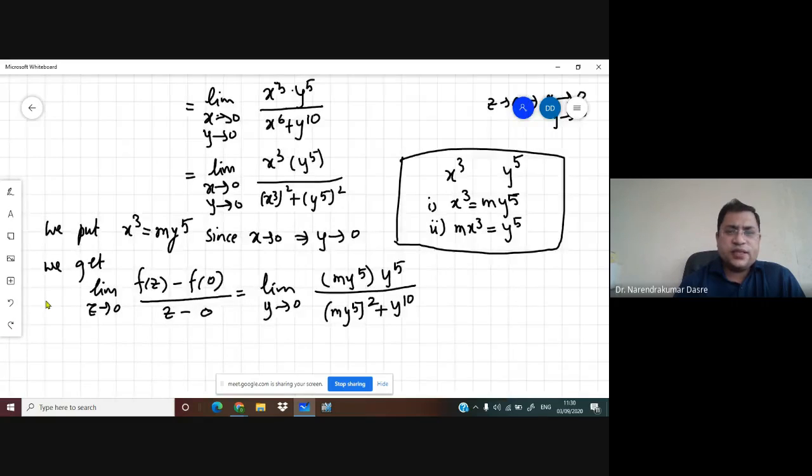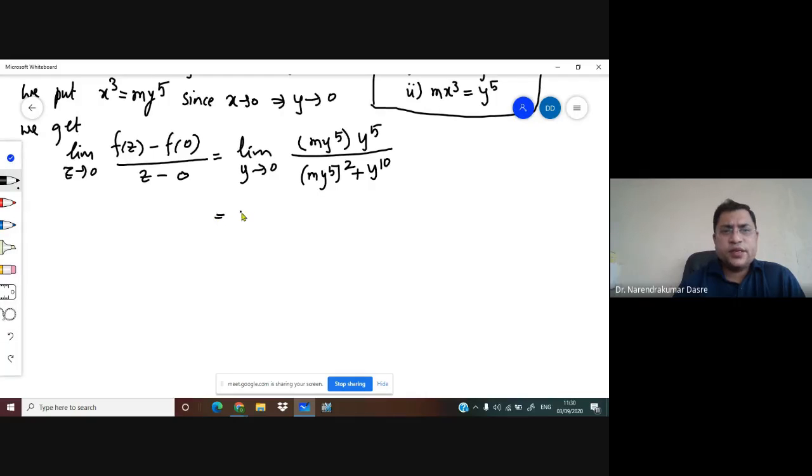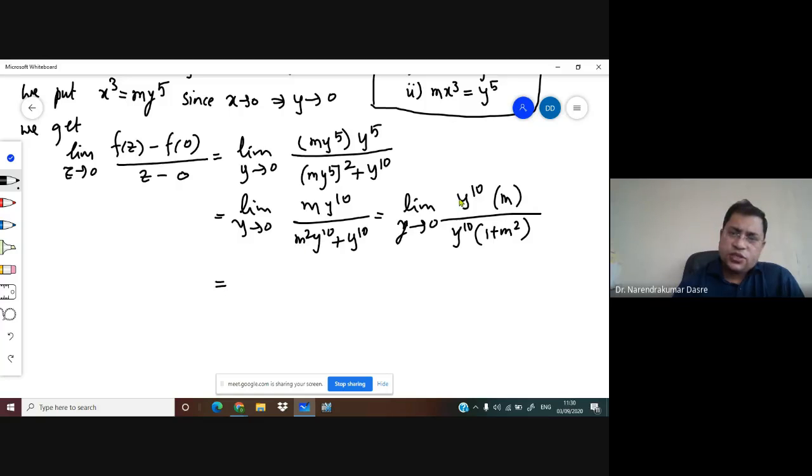So let us simplify this. We get limit y tends to 0, m y raised to 10 upon m squared y raised to 10 plus y raised to 10. I am getting y raised to 10 times (1 plus m squared) in the denominator, and so y raised to 10 will get cancelled. So I will have limit y tends to 0 of m upon m squared plus 1.